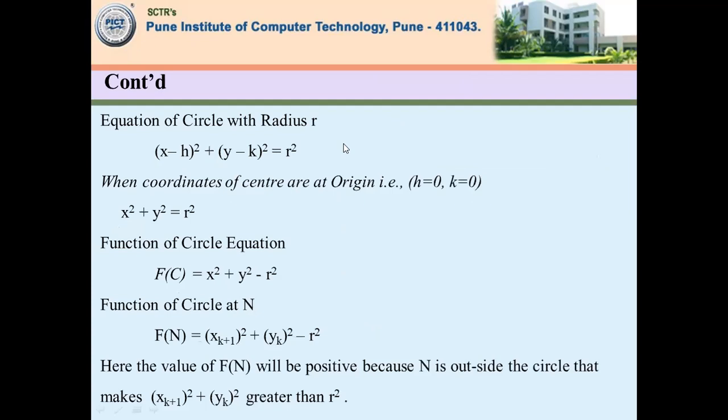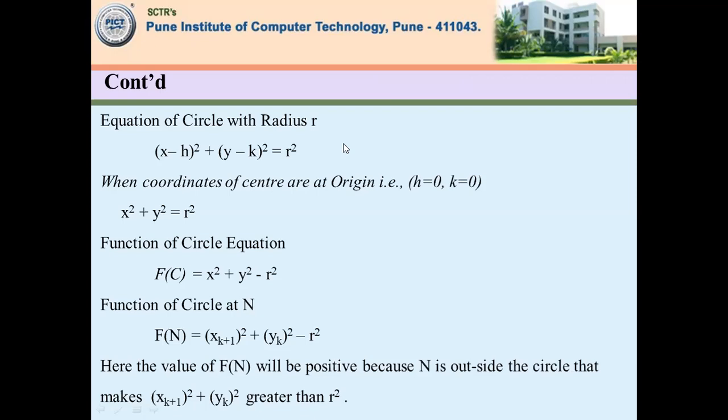But if you put the center at the origin, then the value will be 0 for that. Then x square plus y square is equal to r square, right? So we are writing the function of a circle equation. It will be x square plus y square minus r square, we get r square on the left side and represent it as minus r square.